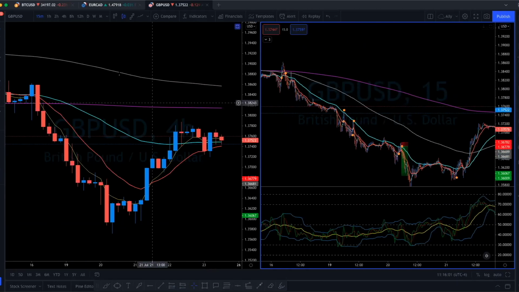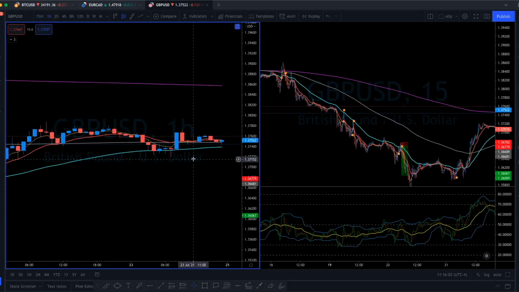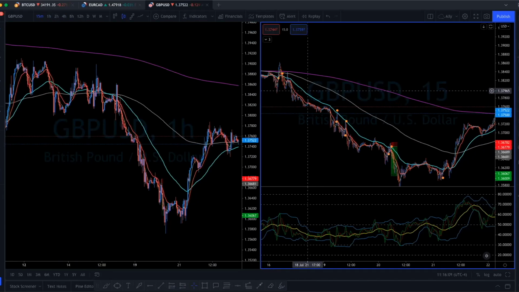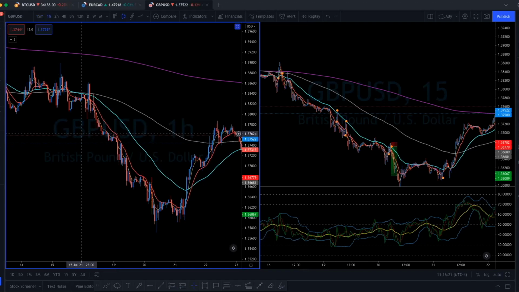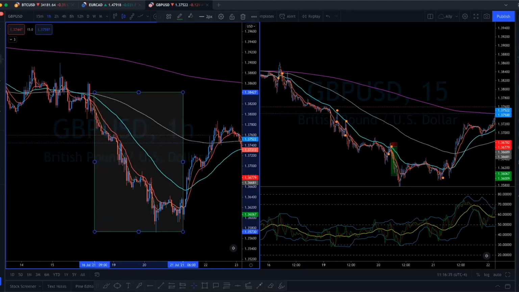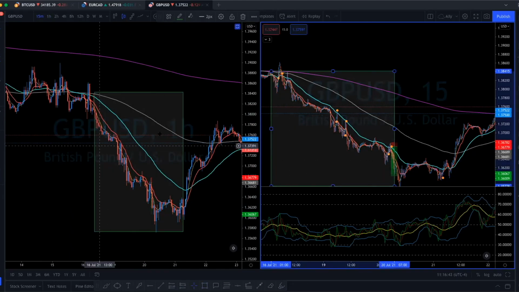If we look at this spot here on the chart, this range is basically July 16th through the 20th. What I want you to notice is essentially that spot and that spot.